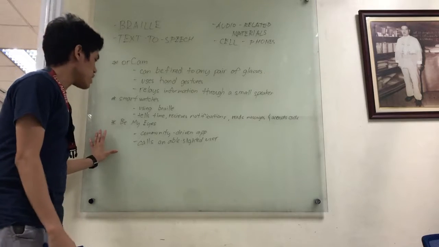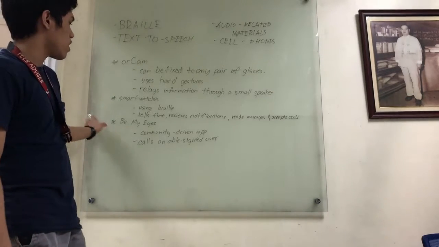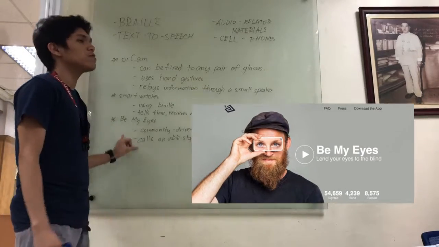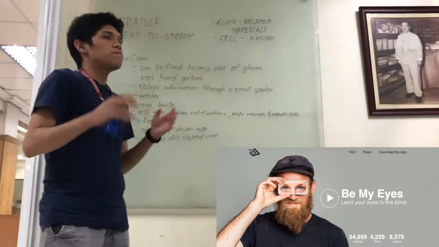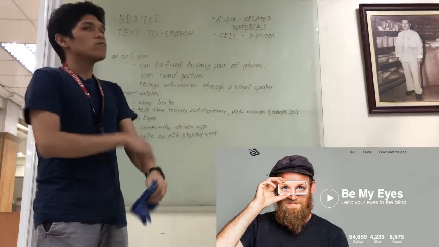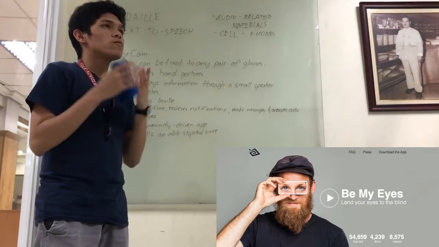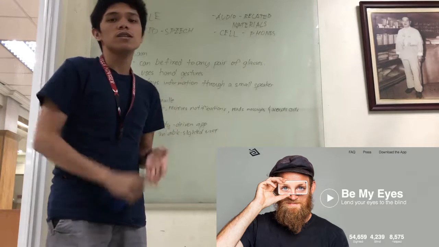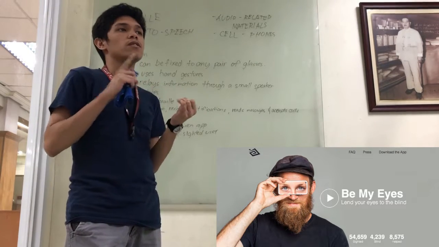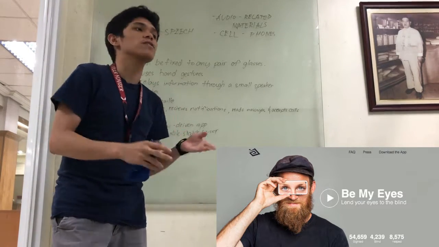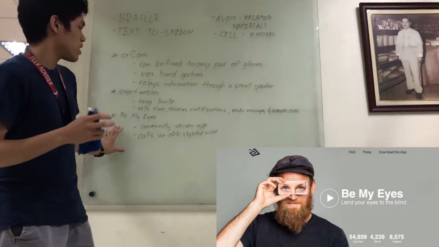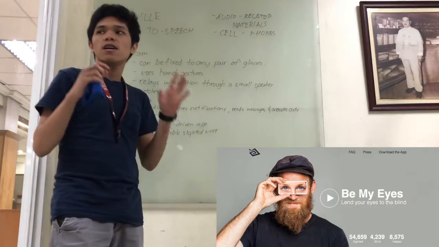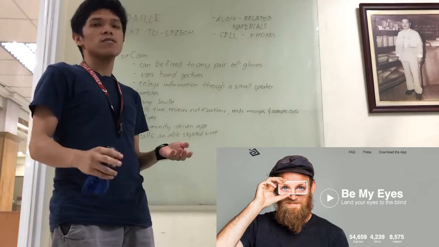And last but not least is an app called Be My Eyes, which is a community-driven app wherein, whenever the blind user needs help understanding or figuring out something, the app will make a call to an able-sighted user, someone who is completely capable of seeing.